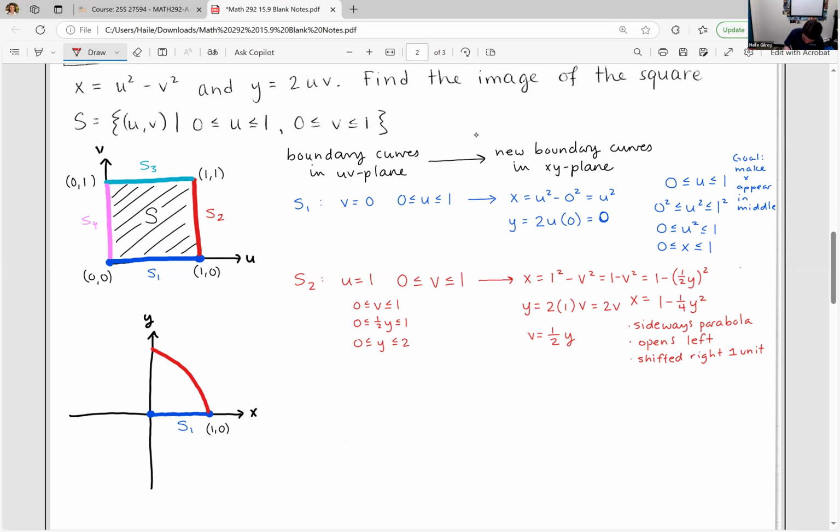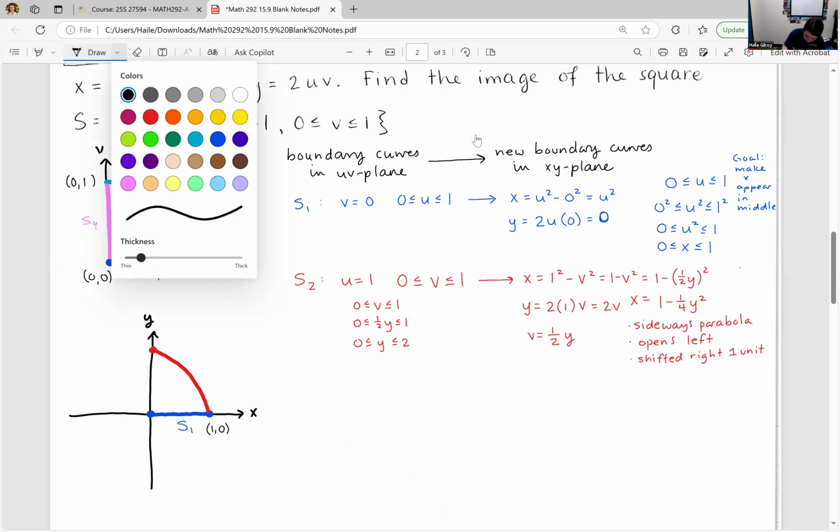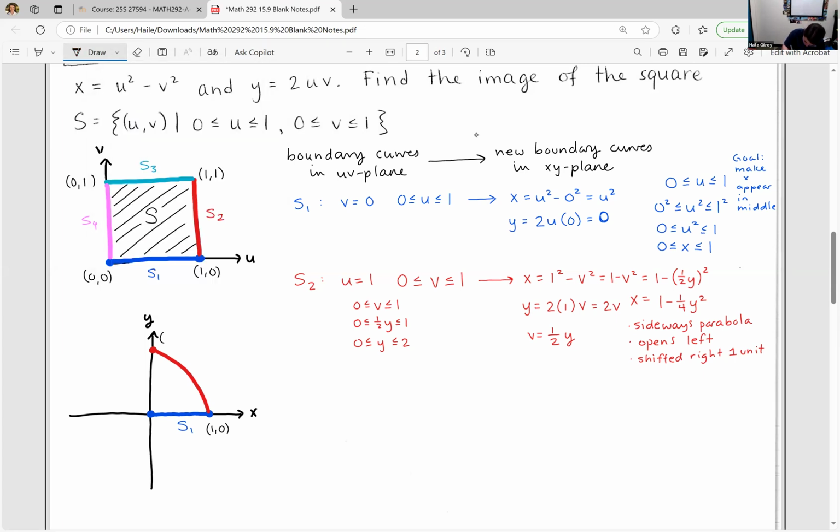So this is the XY transformation of that S2 curve. You might notice now that S2 looks quite different than its original self under that transformation.